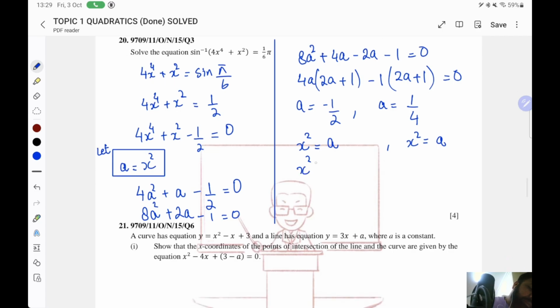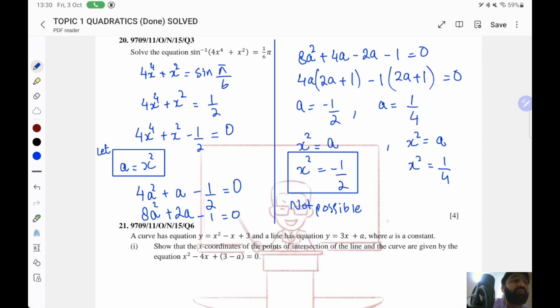If you substitute the value of a equal to negative 1 by 2, it's not possible. The answer will change into complex numbers. So for the other one, it will be square root of 1 by 4. When you take square root of 1 by 4, you get two answers, positive and negative, positive 1 by 2 and negative 1 by 2. So these are the two values of x.